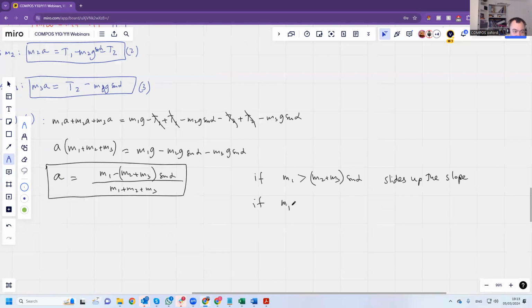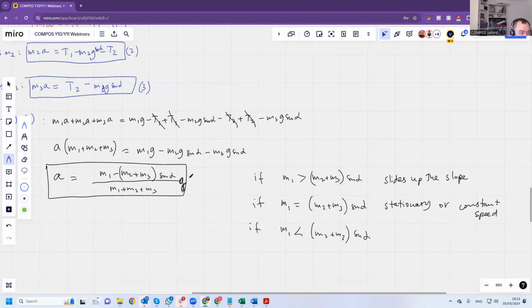If m1 equals (m2 plus m3) sine alpha, then it is stationary or constant speed. And finally, if m1 is less than (m2 plus m3) sine alpha, g, of course, I've taken g out of the brackets, g is here.